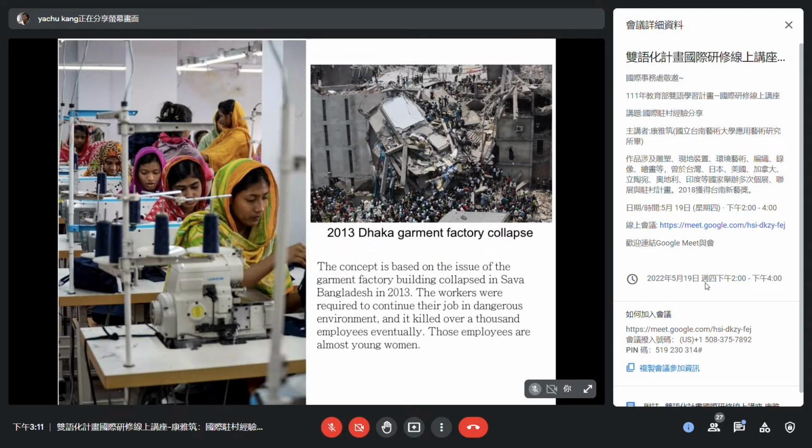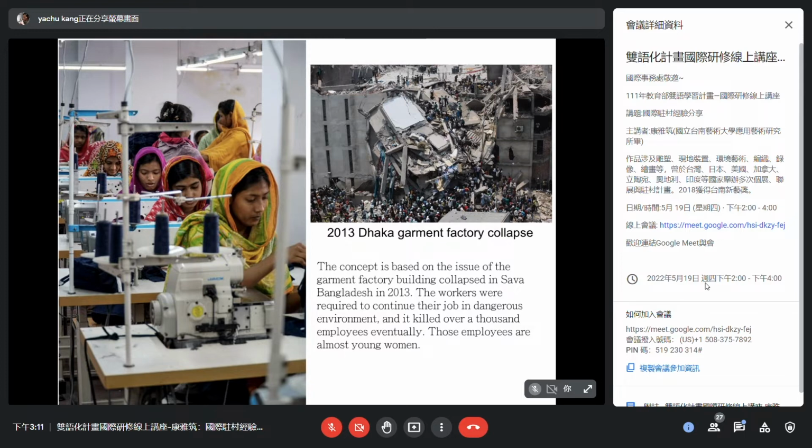I did that because I was in Bangladesh for a project in 2008. And then in 2013, I saw the news about the Dhaka garment factory collapse. It's about workers who were required to continue their jobs in a dangerous environment.